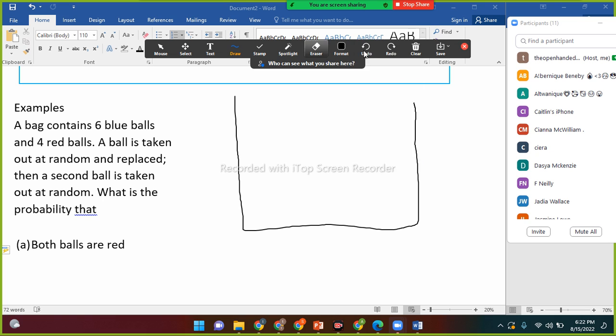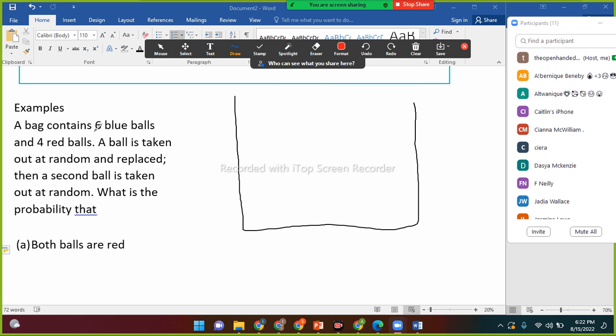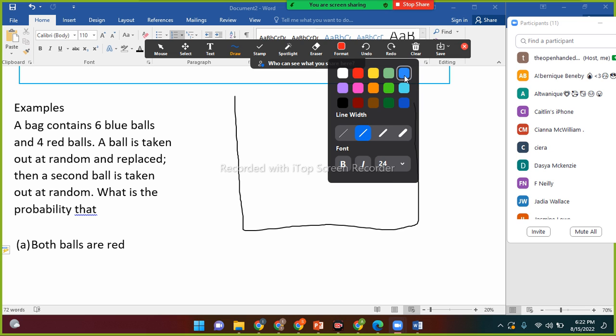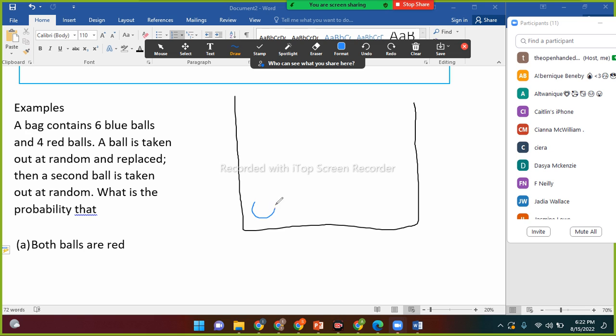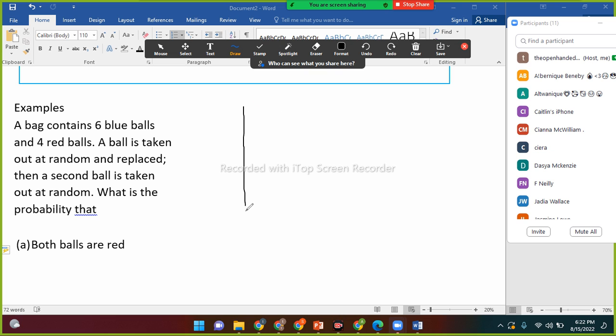Inside this bag, we have 6 blue balls and 4 red balls. So let's draw 6 blue balls. Well, let's do it properly because they don't have to be all in the same location.